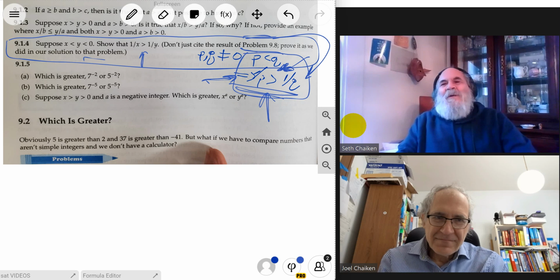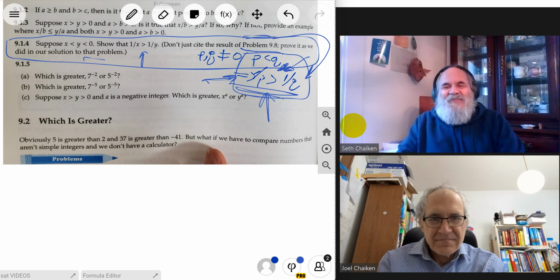The high school curriculum included a full year of fairly carefully developed, not perfect, axiomatic development of Euclidean plane geometry.